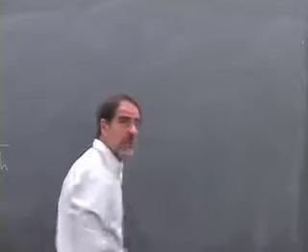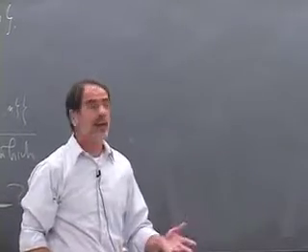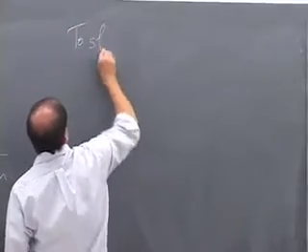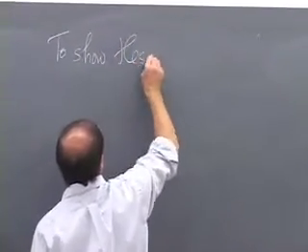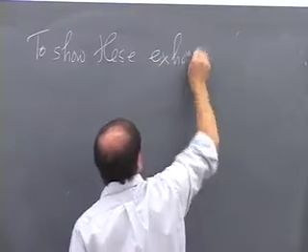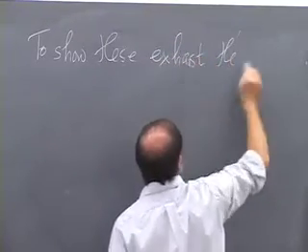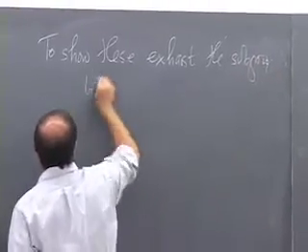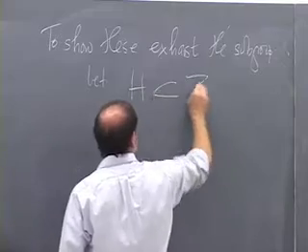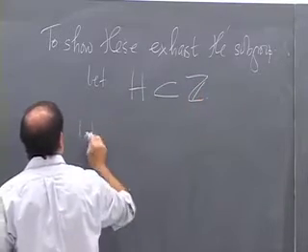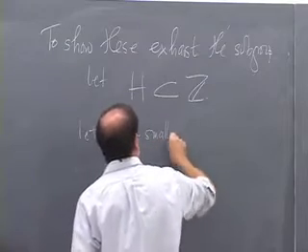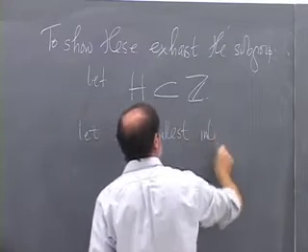To show that these are the only possible ones, we're going to use a trick that goes back to book 5 in Euclid. To show these exhaust the subgroups, let H be a subgroup of Z, and let b be the smallest integer.